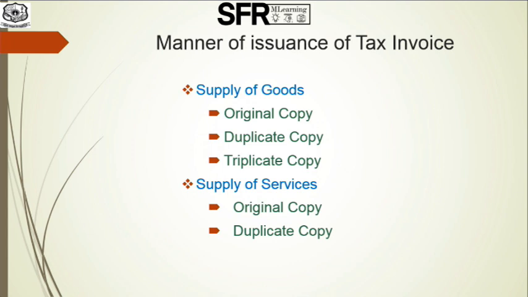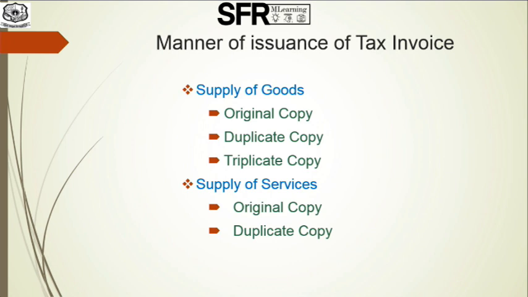The original copy being marked as original for recipient, the duplicate copy being marked as duplicate for transporter, and the triplicate copy being marked as triplicate for supplier. The serial number of invoices issued or cancelled during the tax period shall be furnished electronically through the common portal.